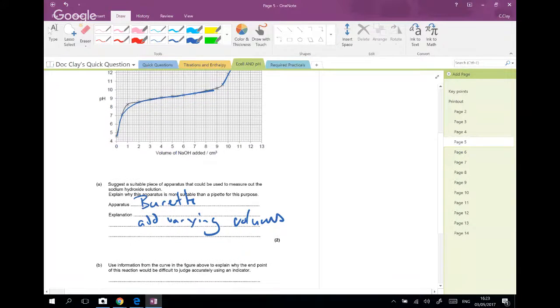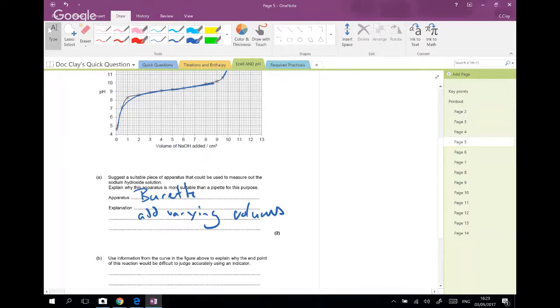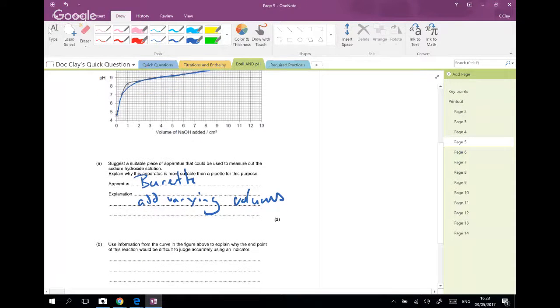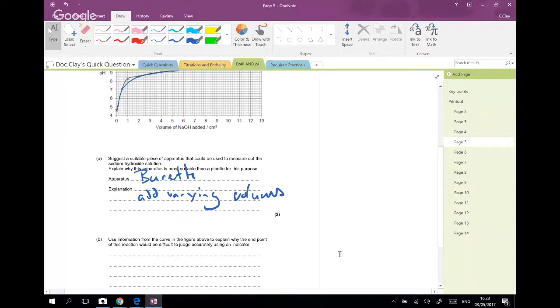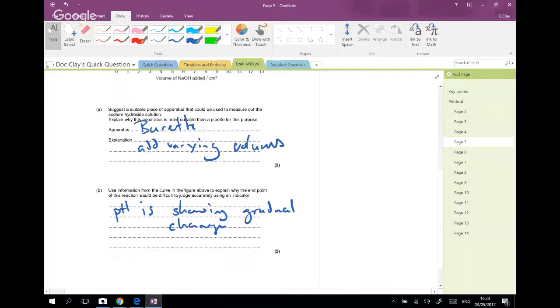Use the information from the curve in the figure to explain why the endpoint of this reaction could be difficult to judge accurately using an indicator. That's because the pH is showing a gradual change, and therefore the best way of doing this is to use a pH indicator that changes over various pHs or to use a pH meter.